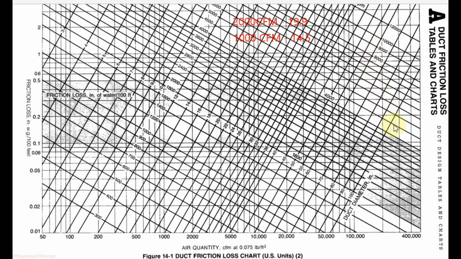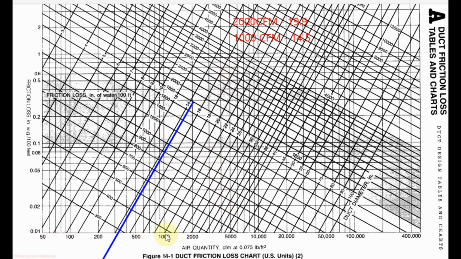Now we will select the pressure drop for 1000 CFM. For 1000 CFM we have the round duct diameter 14.5 inch. So let us draw a line for 14.5 inch round duct diameter. This is 14 and 16, so 14.5 will be here somewhere. Then we have 1000 CFM.